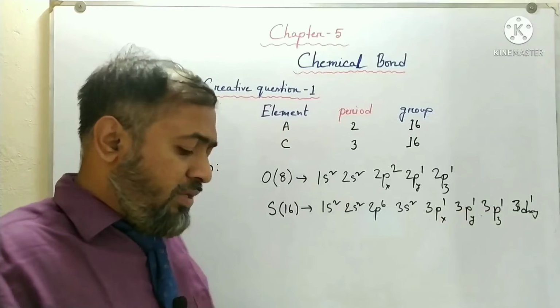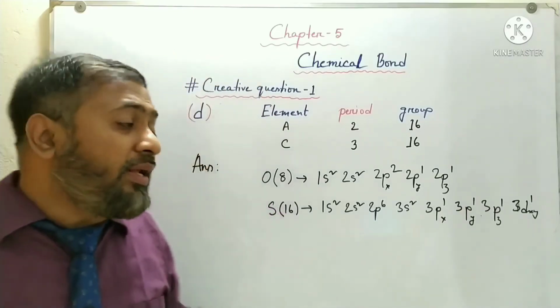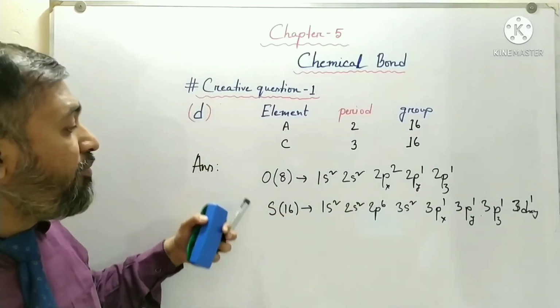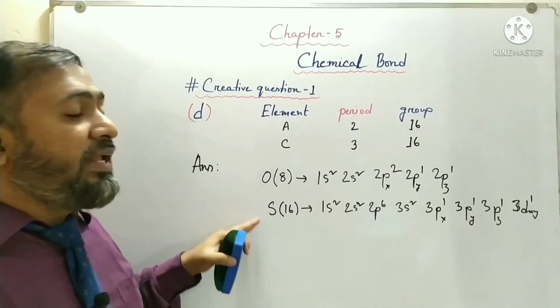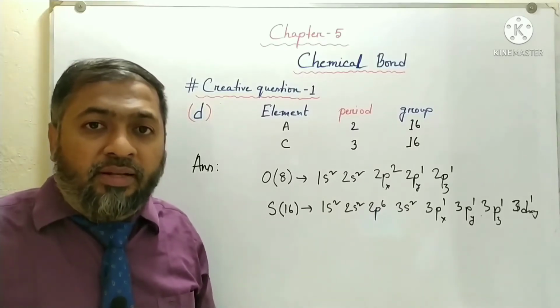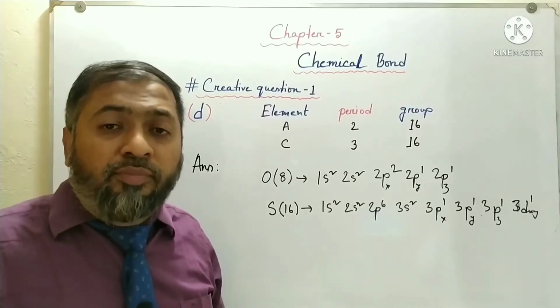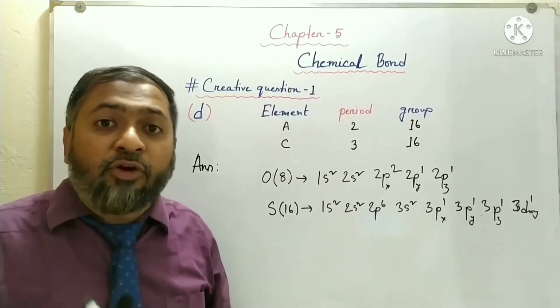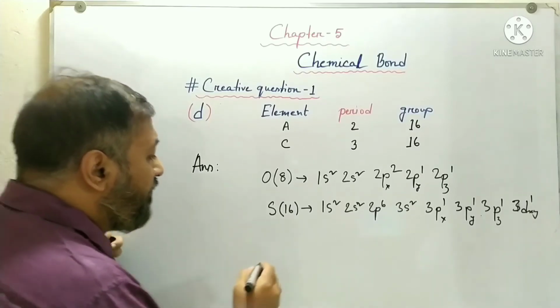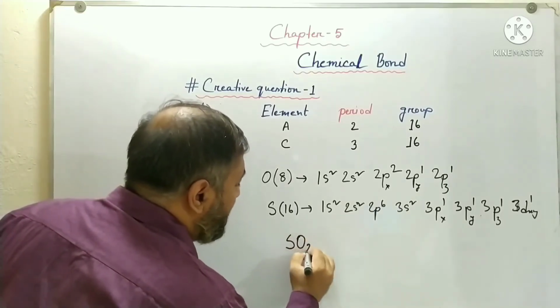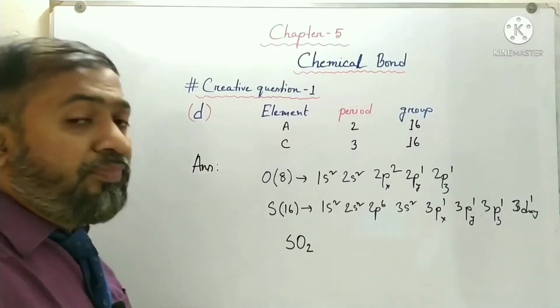Now students, the question is what kind of compound can be formed between these two elements. We know that oxygen and sulfur both are non-metals, and the compound formed between two non-metals is a covalently bonded compound. So the compound formed here is sulfur dioxide, which is a covalently bonded compound.